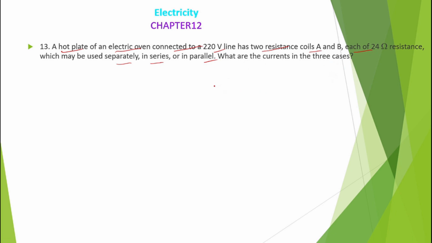He is having two resistances A and B, and he is telling each is having 24 ohm resistance. Individually you calculate the current. Series you connect and also calculate current. Parallel you connect and you calculate the current, like that he is asking.